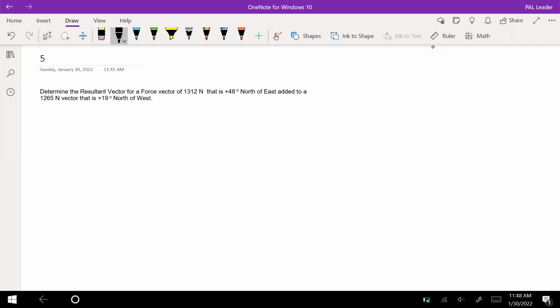Okay. Determine the resultant vector F for a force vector of 1312, that is positive 48 degrees north of east, added to a 1265, no, that's 19 degrees.